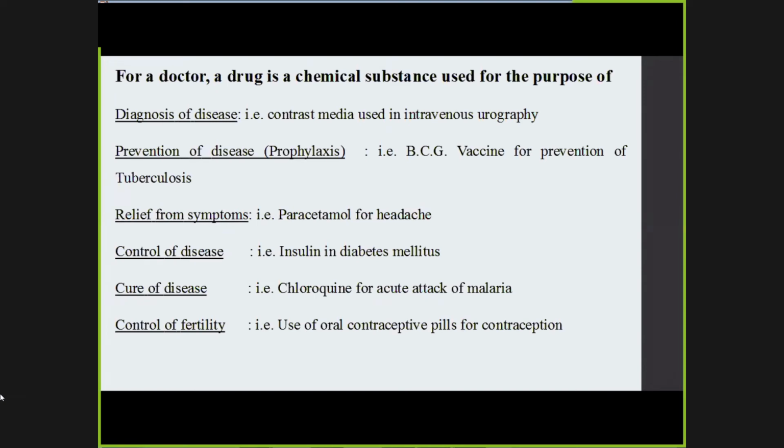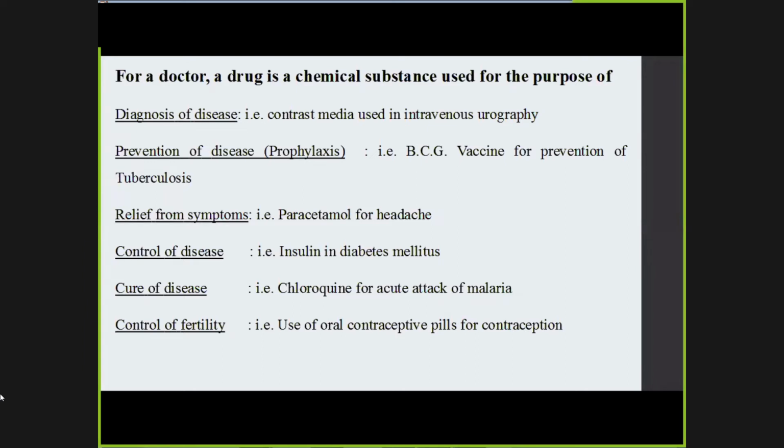Drugs can be used for various purposes. First, they can be used for the diagnosis of disease. For example, some contrast media are used in radiology. These contrast media are used for intravenous urography or angiography. Then drugs can be used for the prevention of disease.